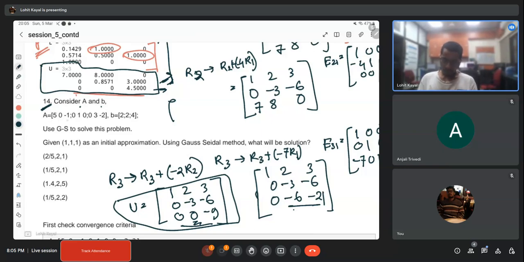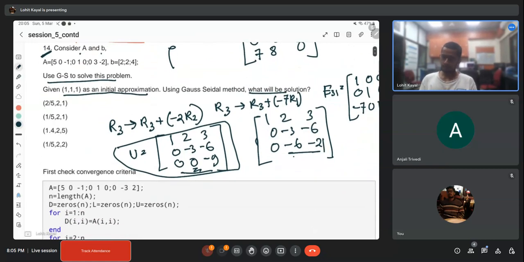A is 5, 0, minus 1, 0, 1, 0, 0, 3, minus 2. B is 2, 2, 4. Now use the Gauss-Seidel method to solve this problem, given 1, 1, 1 as the initial approximation. What will be the solution of the problem?